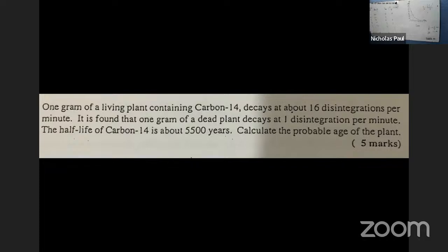1 gram of living plant has about 16 disintegrations per minute. It has now reached 1. So it went from 16 to 1. Try to figure out what that represents, and they give you the half-life.